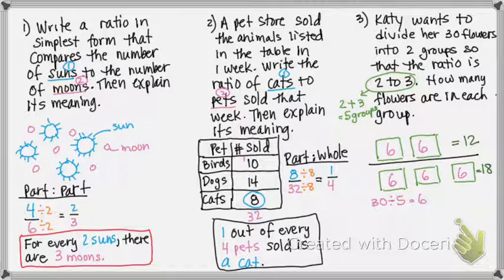Again, we had 30 flowers split equally into 5 groups. I went to the ratio, and the ratio told me how many groups. We figured out that there were 6 flowers in each group.